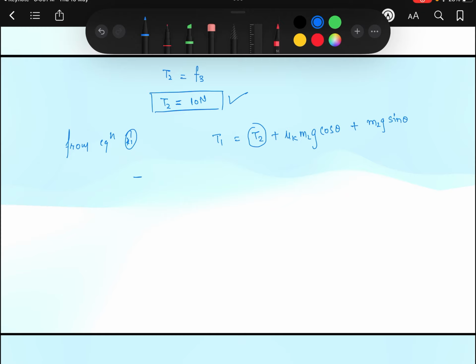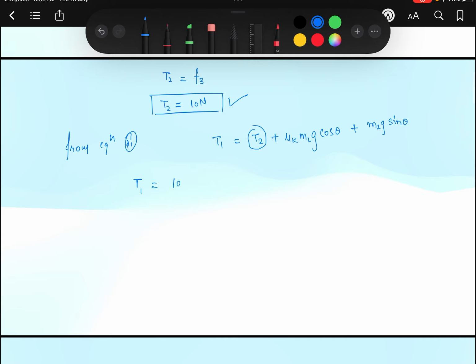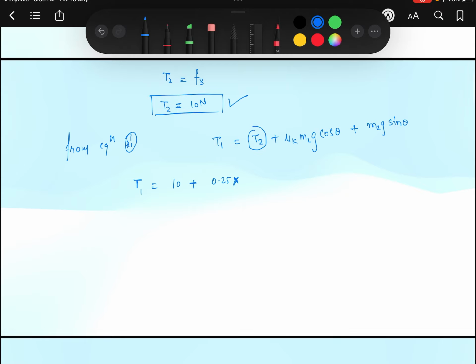So we can find the value of T1: T2 is 10 Newton, plus mu k is 0.25, multiplied by m2, which is 4 kg, multiplied by g, which is 10, multiplied by cos theta. Here theta is 37 degree, right?